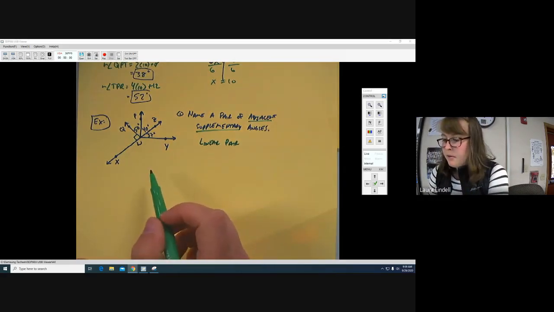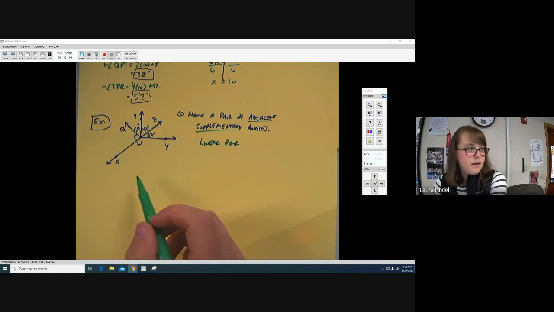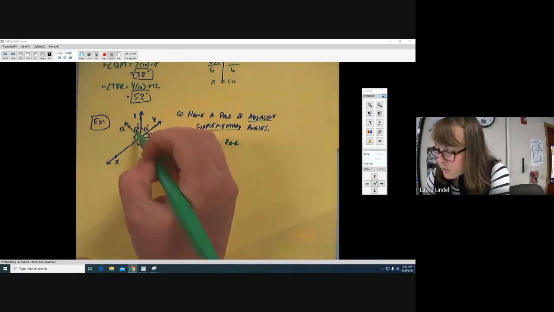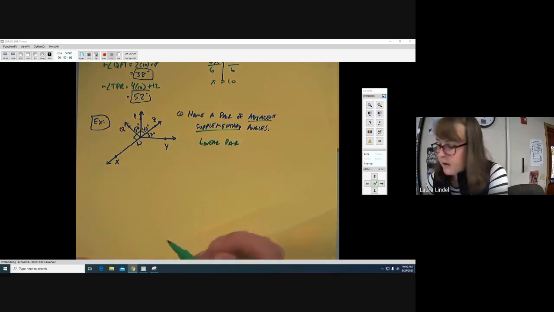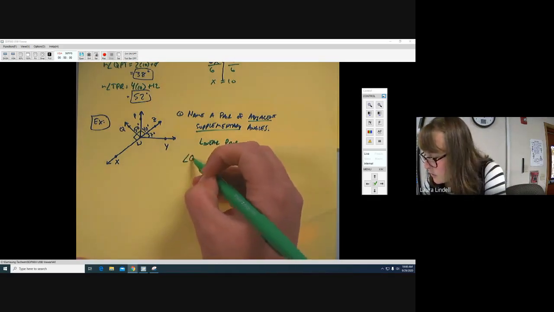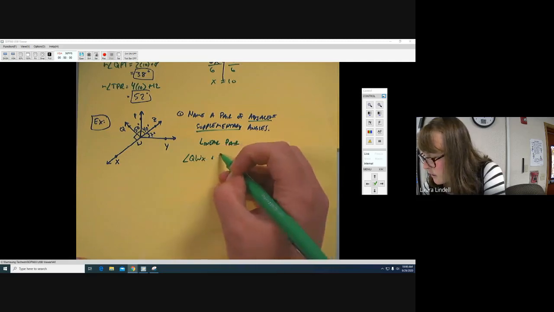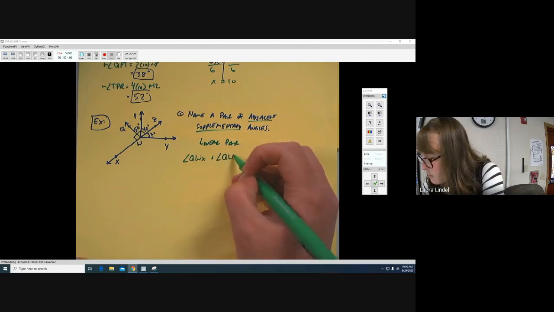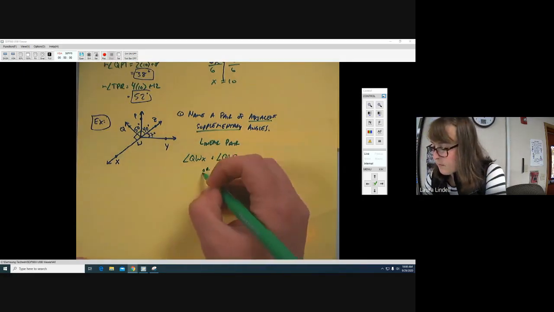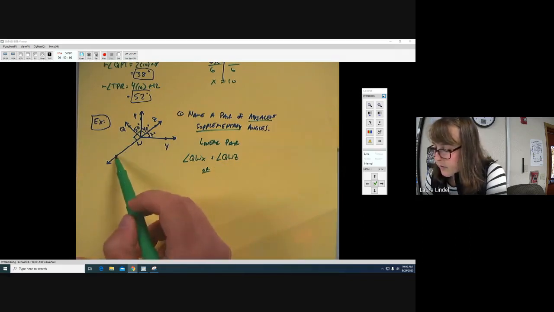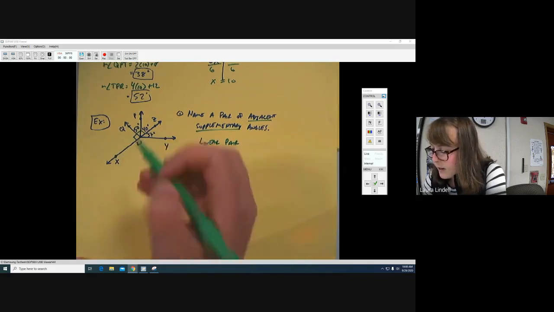Okay, so there's a couple different linear pair options that we could name here. I could start with QWX, this right angle here, and then also have QWZ, this other angle right here. Those two would be a linear pair. So we could have angle QWX and angle QWZ. That would work. Or we can have something involving XWY.